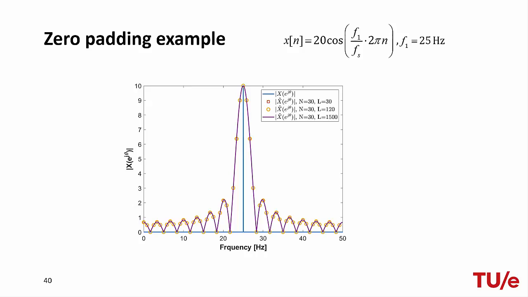And if we further extend the signal length to 1500 samples, we obtain the function in purple, which almost looks like a continuous function. However, no matter how large the number of zeros we add, we can never recover the true spectrum.